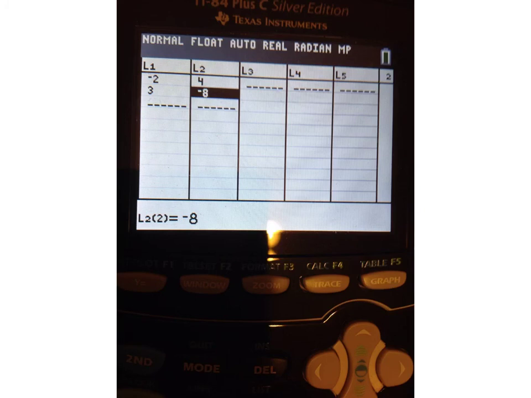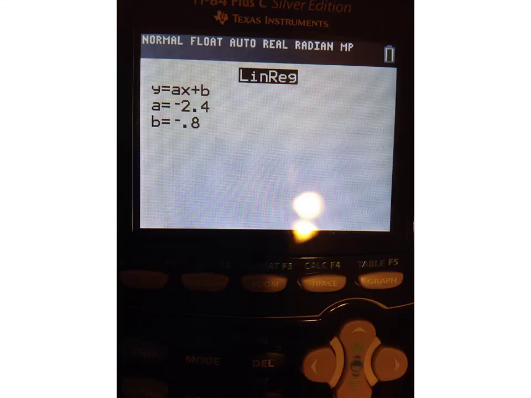So here's our -2, 3, 4, -8. Now we hit stat, arrow over to calc, number 4, and press enter. So here is our information we got. This is our slope. So our slope is -2.4, and -0.8 is our y-intercept.